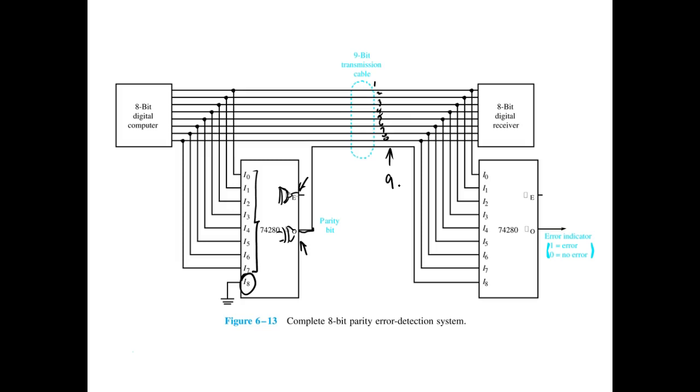But we only add one more conductor to be 95% accurate that the data transmitted is the same data that's been received. So one of the functions of exclusive ORs and exclusive NORs is being able to generate and detect parity. That makes sense? Everybody okay?